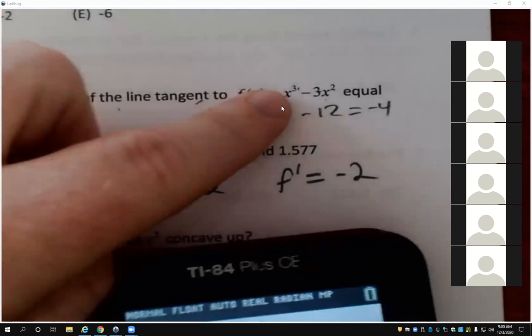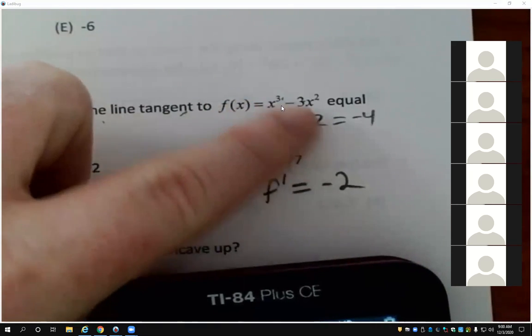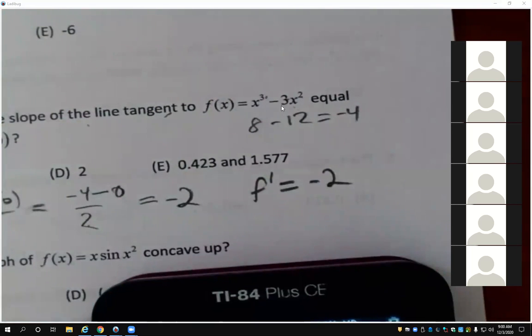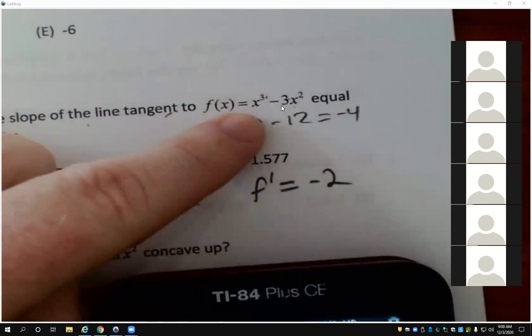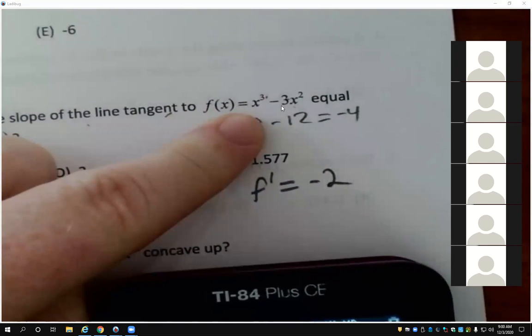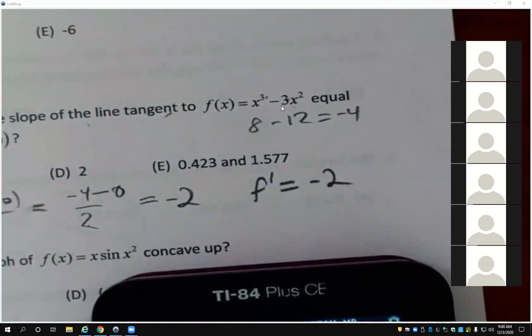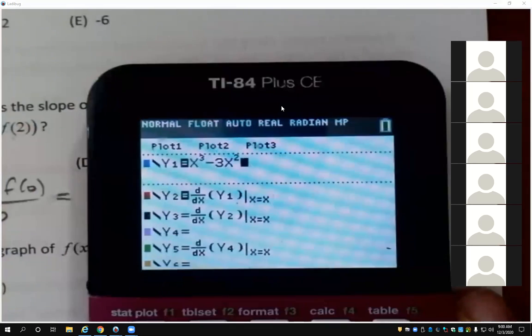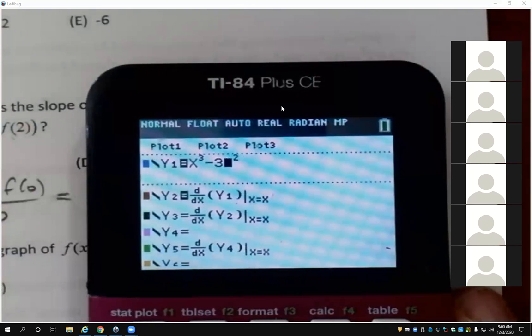I need the derivative of x cubed minus 3x squared. Obviously you could do that in your head and just type it in, but I'm just going to type in x cubed minus 3x squared, and I need the derivative of that. Sorry, I didn't have my calculator up there.